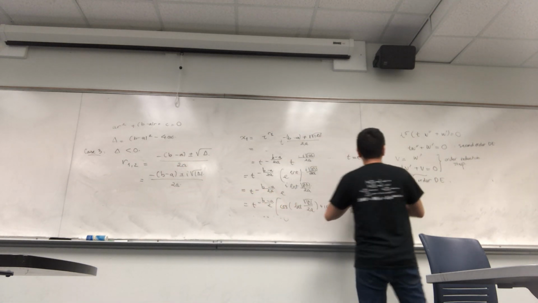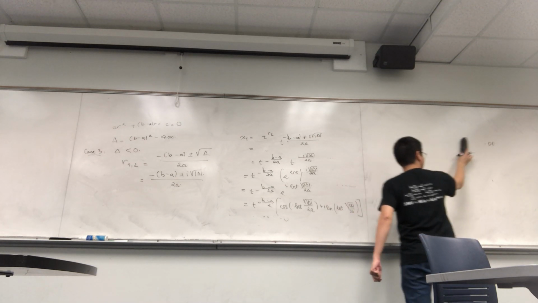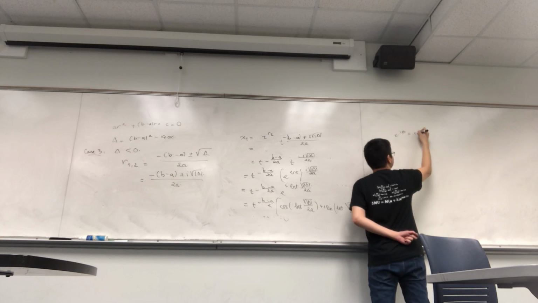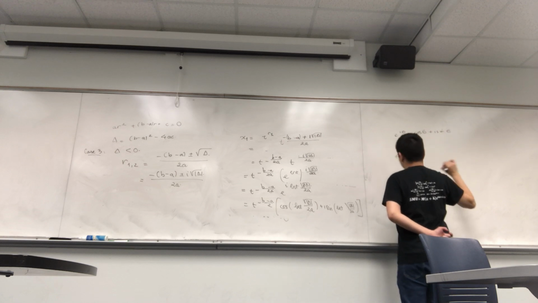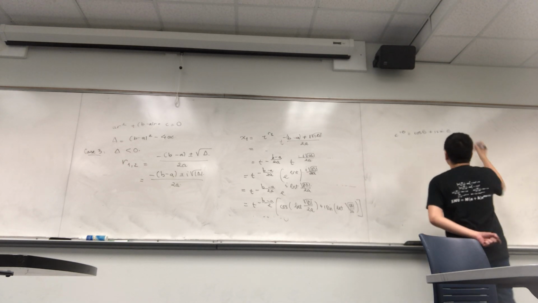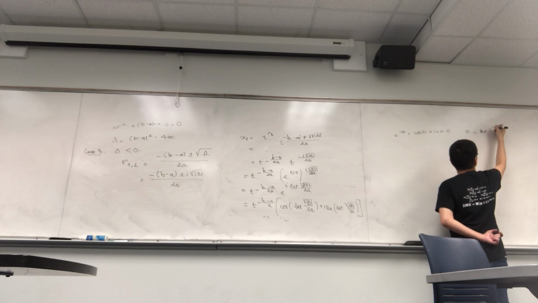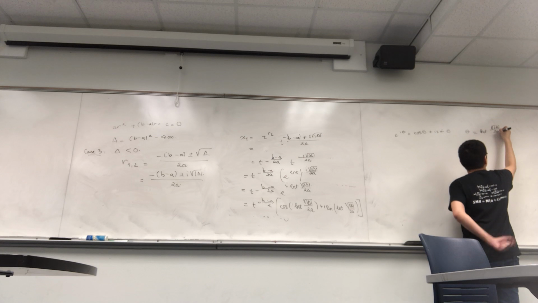I remind you that the Euler formula is the following: e to the i theta is cosine of theta plus i sine of theta. So in this case, we apply the Euler formula for theta to be log t square root of the absolute value of delta over 2a.